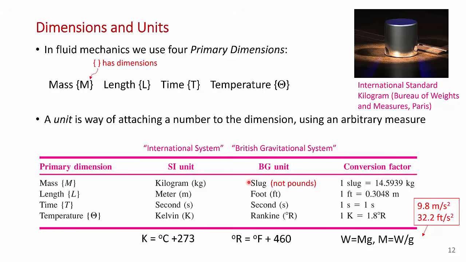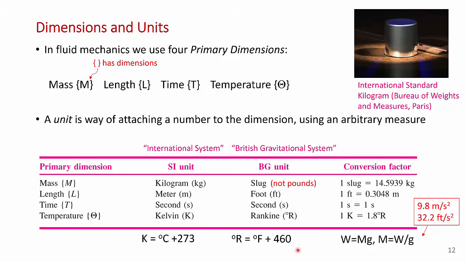Now, here's the big thing. If you're working in the British gravitational system, the unit of mass is slugs. It's not pounds. I'll talk more about this in a moment. Length is feet, time is seconds, and absolute temperature, we would use Rankine. And then there's the relationship between temperature in degrees Fahrenheit and Rankine.